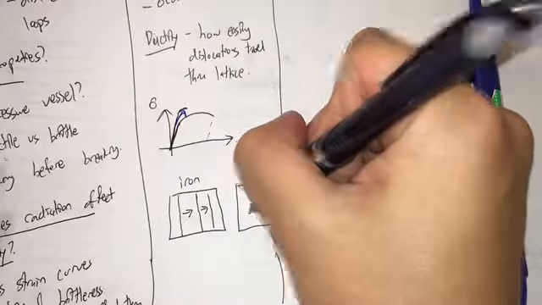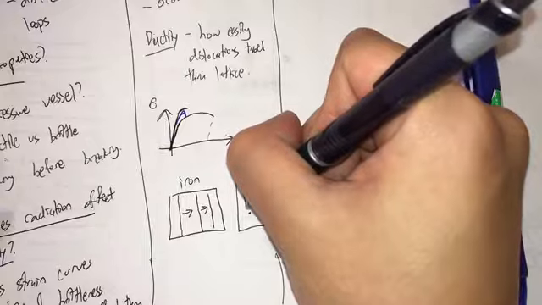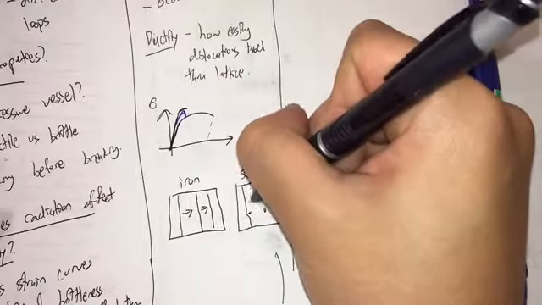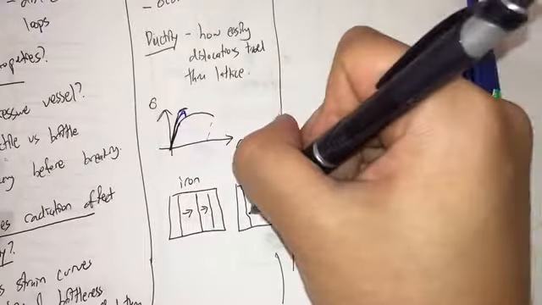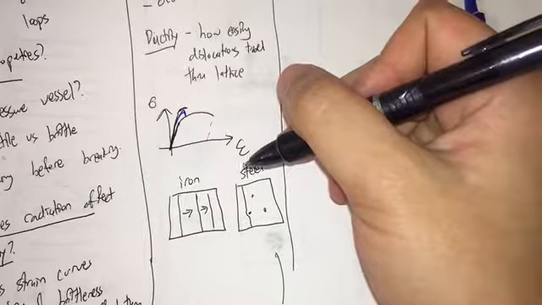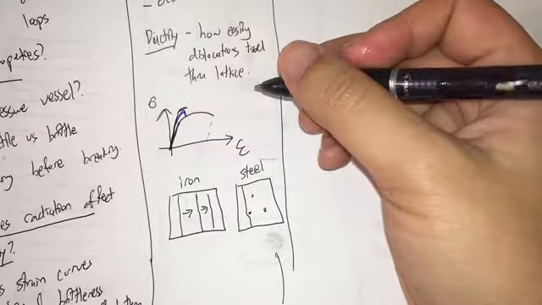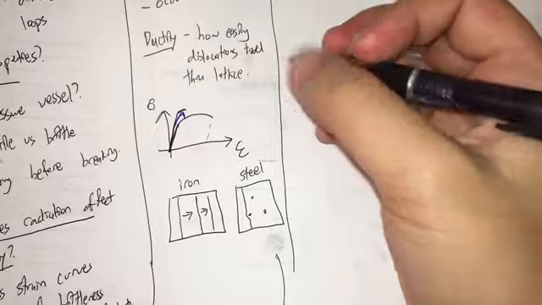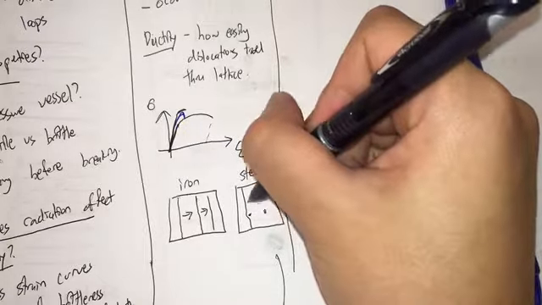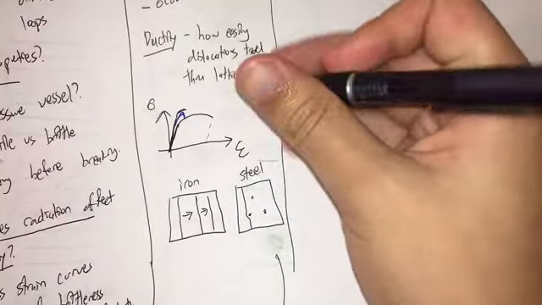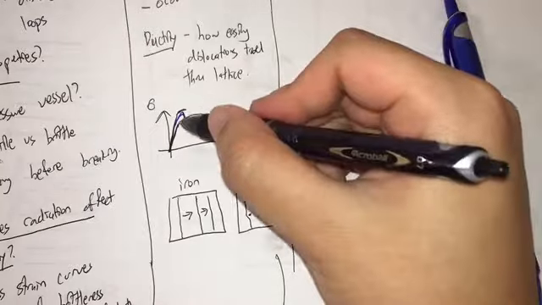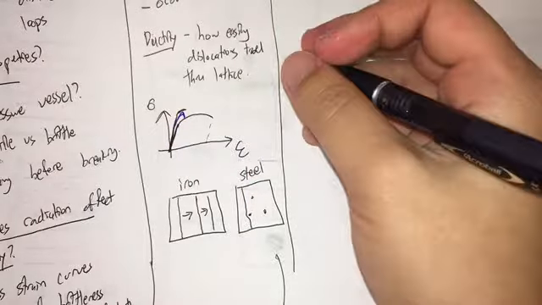But when it goes through steel, it starts to see these kinds of precipitates here, either carbon or something else, or even individual atoms. All of this will tend to stop the dislocation motion. And that's why for steel, it's slightly harder.